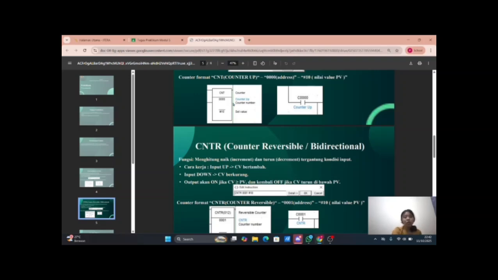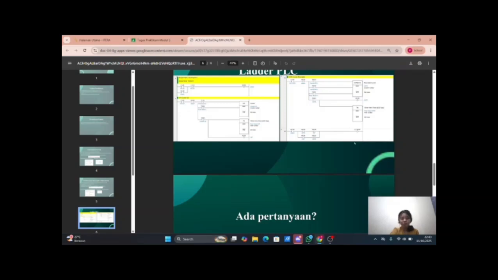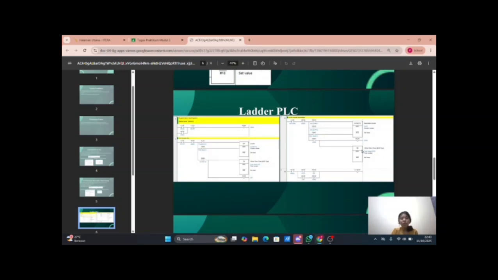And then we can discuss the explanation of the ladder diagram for CNTR or reversible counter, in the second part of the image on the right side here. This circuit has two input switches or sensors, labeled sensor PB1 and sensor PB2, which control the up counting and down counting action.